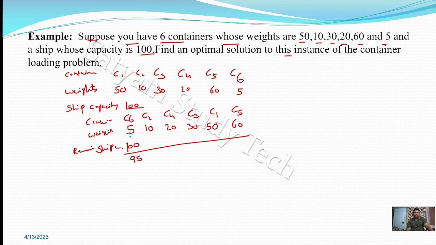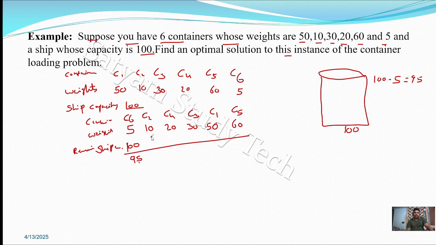If we load this weight into the ship, whose capacity is 100, then we load this 5. That is 100 minus 5, so the remaining capacity is 95.